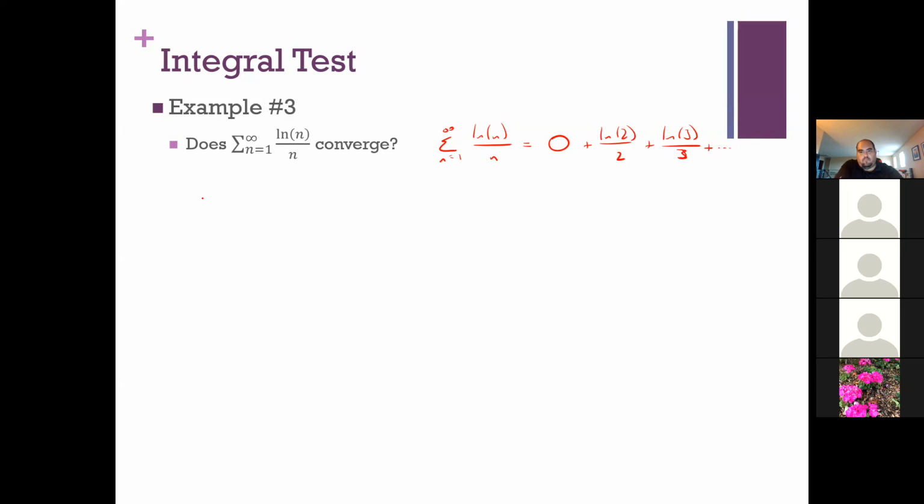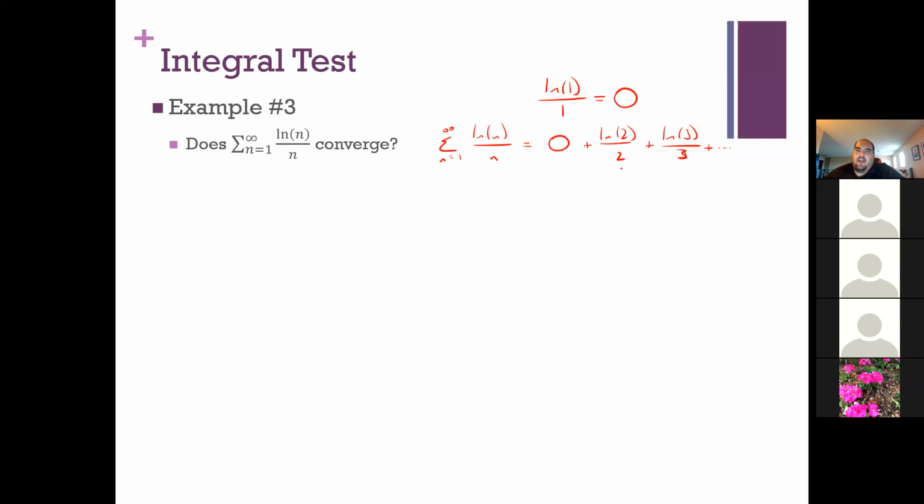Wait, it starts with zero and it ends with zero. It's like a broken function. It's not broken. I mean, just the first value here, natural log of 1 over 1, that's equal to zero, and that's fine. And the next one is like a mountain or something.